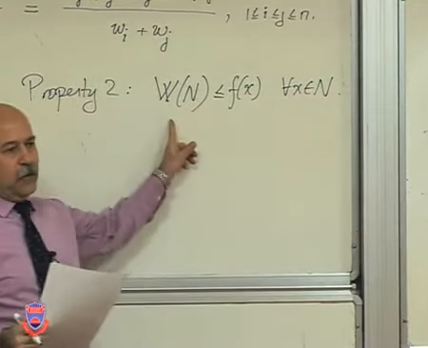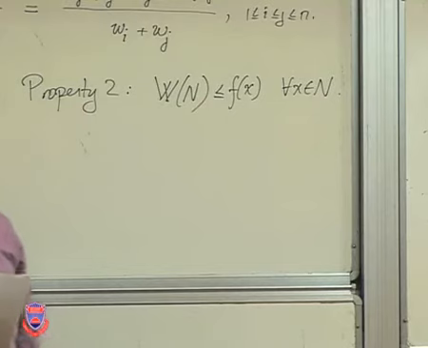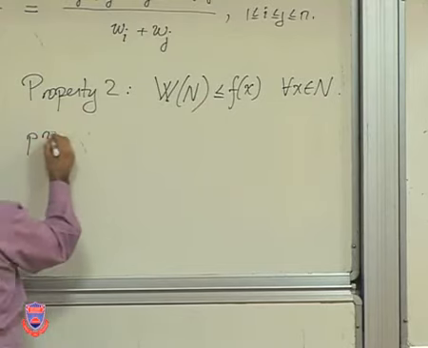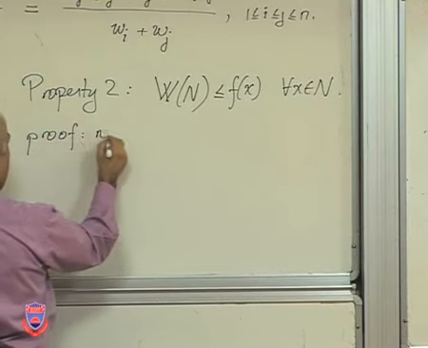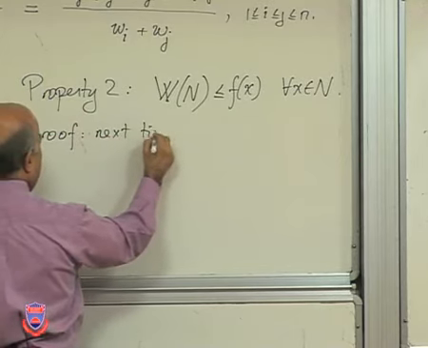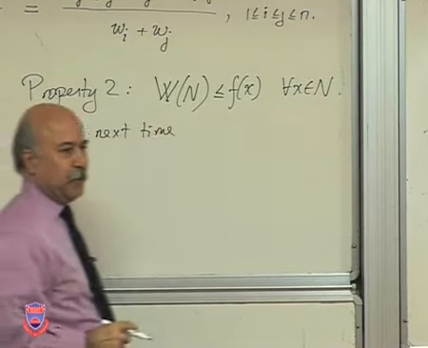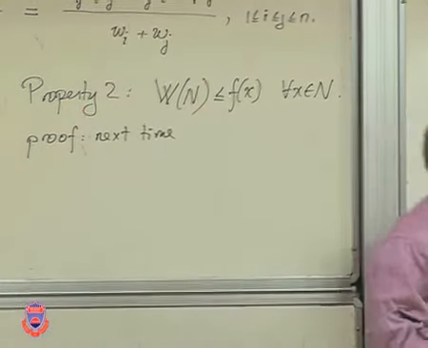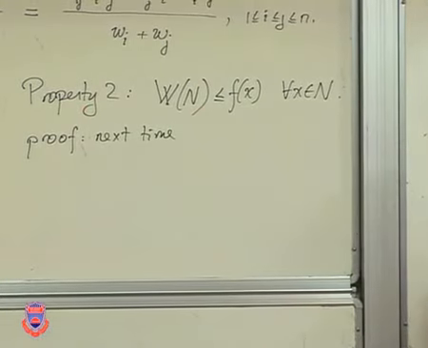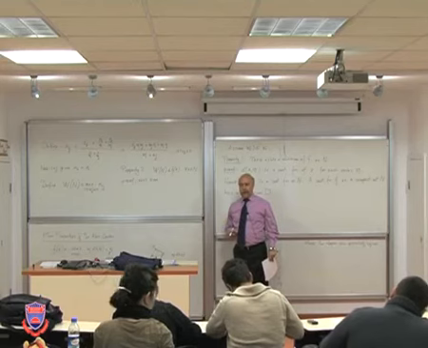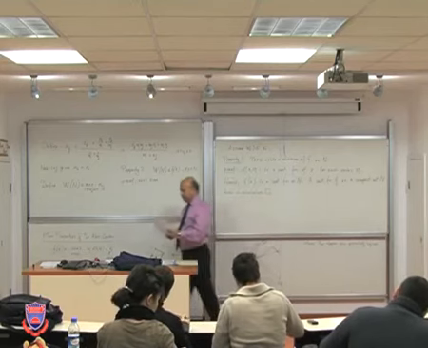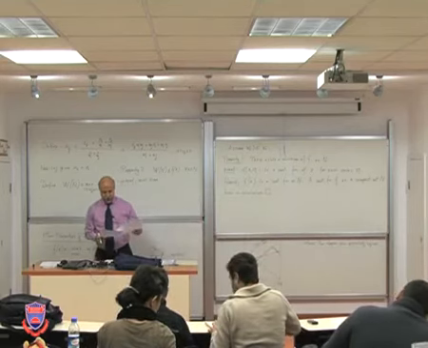So f of x is always bounded below by this number. I'm going to give you the proof next time because we're out of time now. So much for today.